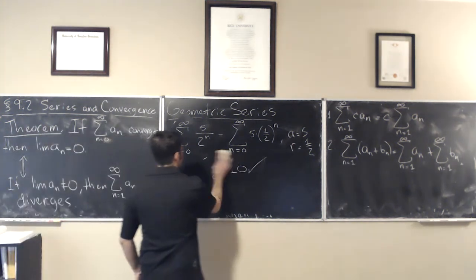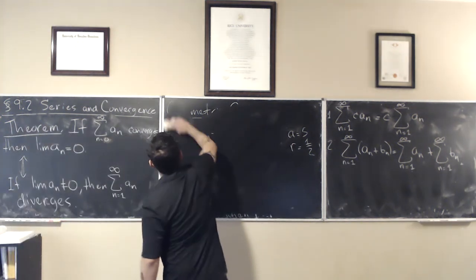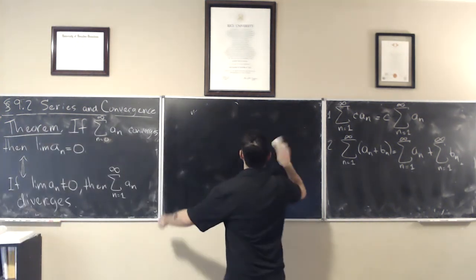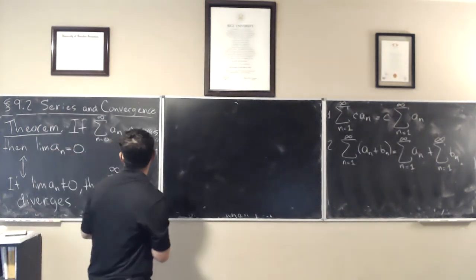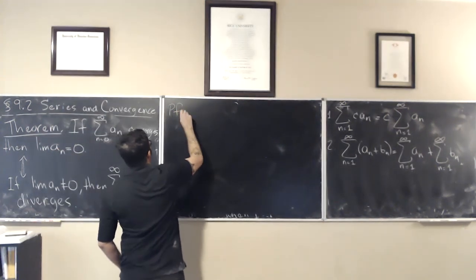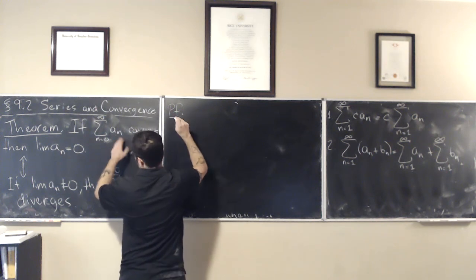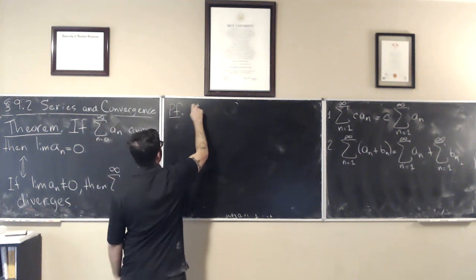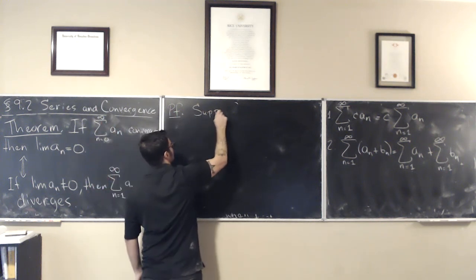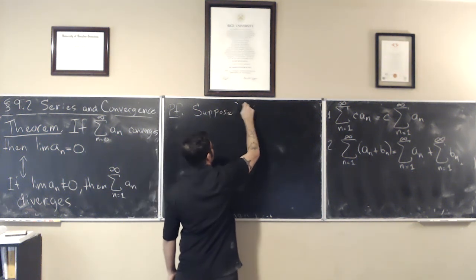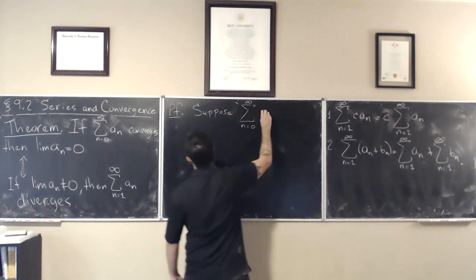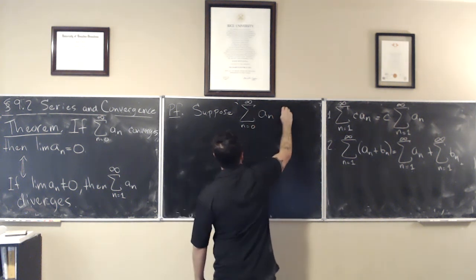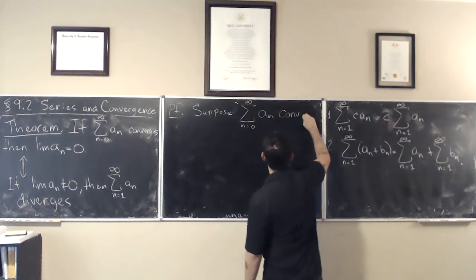I guess I'll go through the proof of this, and then that'll be it. These are equivalent statements, by the way. This is just the contrapositive of them. All right, so let me prove it. Suppose the series converges.